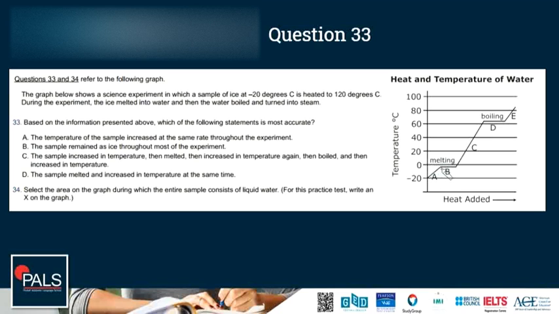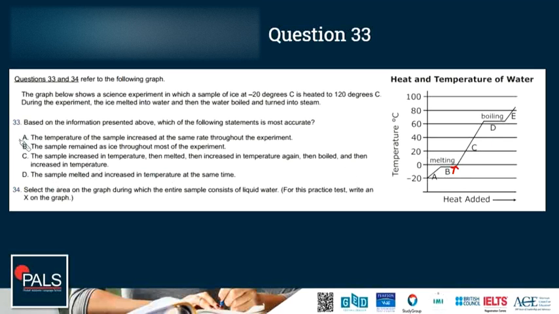Plus, we can see the increase down here in the ice is slower. Here it's faster when the water is heating up. The sample remained as ice throughout most of the experiment. No, ice was only here before melting. We have ice, and up until that point when all the ice is melted, then we have water, so most of the experiment was not ice.